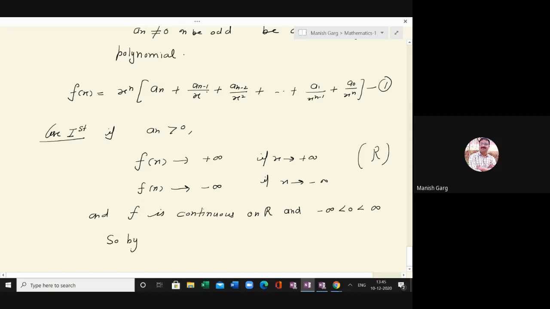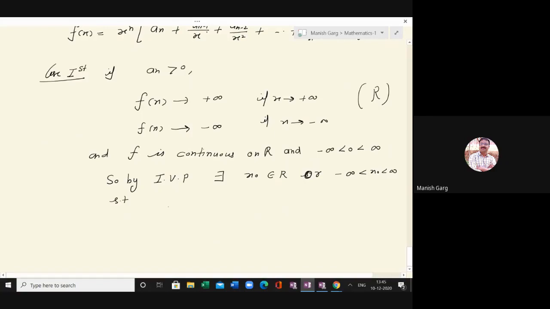So by IVP, there exists x naught in R, or if some student has confusion, you can write x naught between minus infinity and infinity, such that f(x naught) is equal to 0.